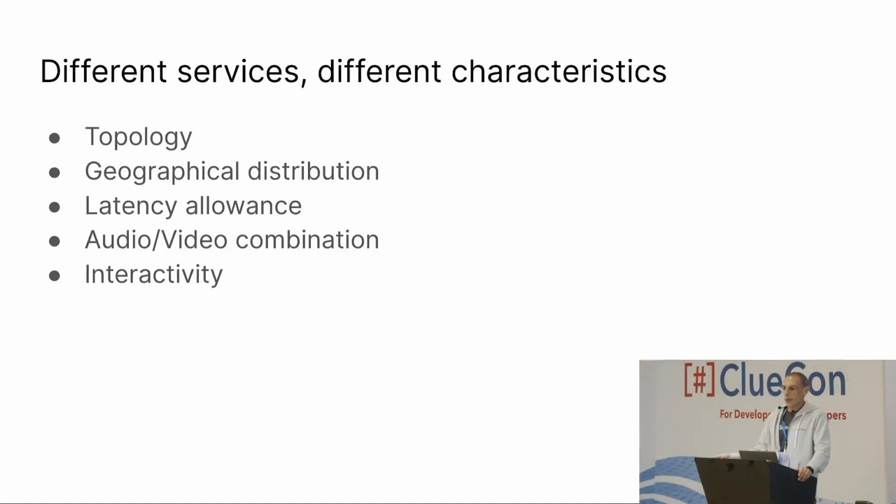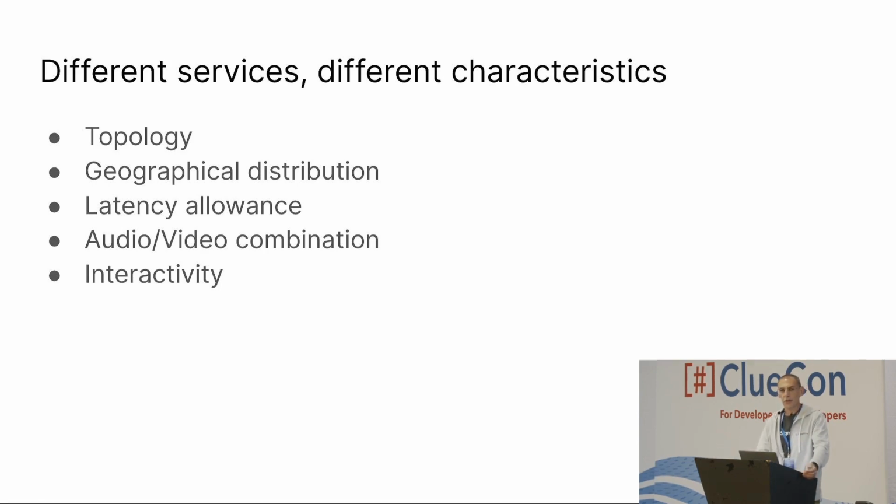So depending on the type of service, there is an impact on specific characteristics of the system that you are building. So in terms of topology, of course, geographical distribution, and in particular, the latency that is allowed to be experienced basically end-to-end.